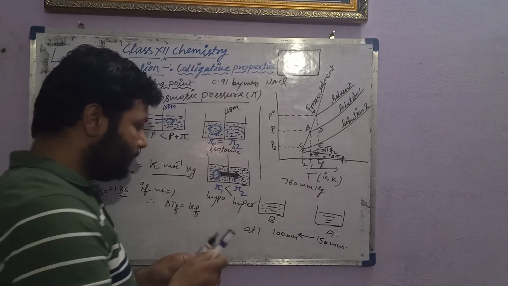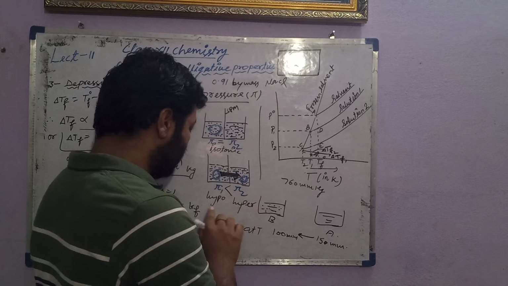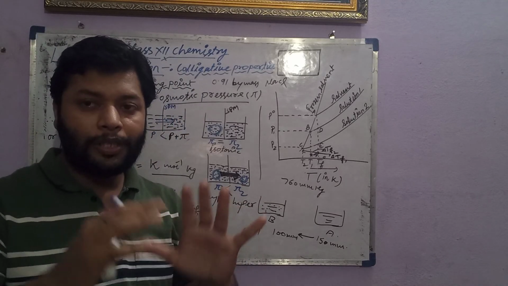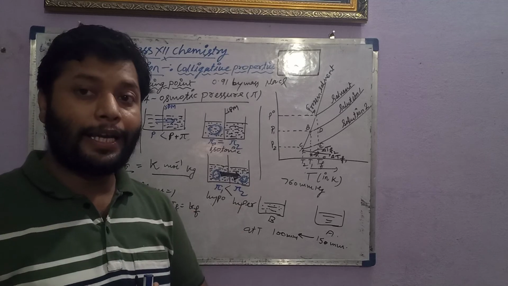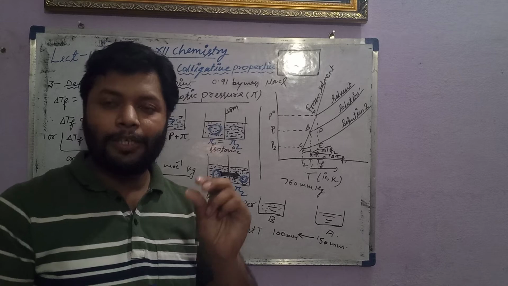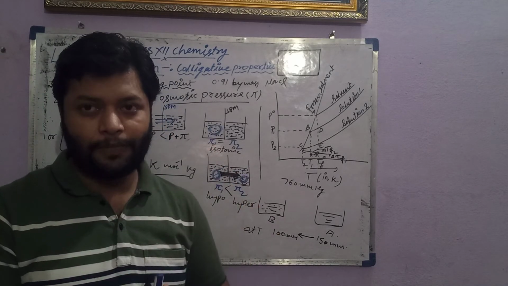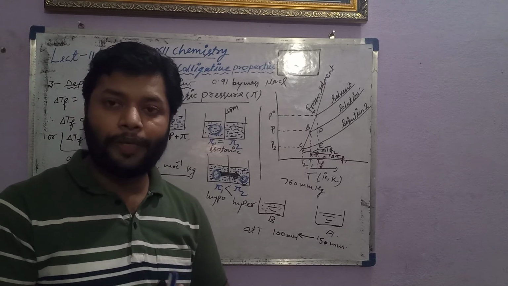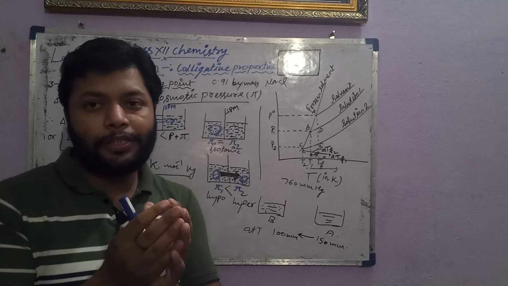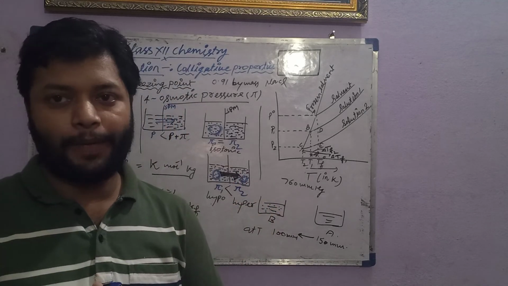If the same cell is added in a hypertonic solution, the outer concentration of the solution is higher and inside the cell there is a lower concentration. So the cell loses its water and shrinks down, due to which plasmolysis takes place.